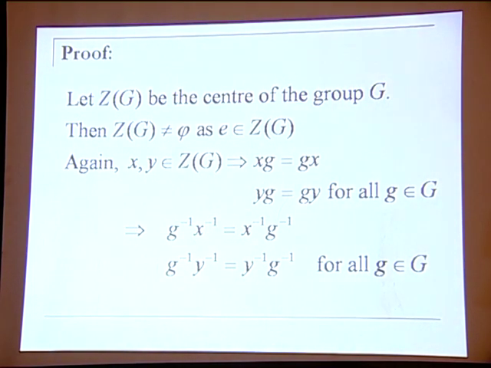Again, let x, y belong to Z(G). This implies by definition xg is equal to gx, and yg is equal to gy for all g belonging to G. This implies g inverse x inverse is equal to x inverse g inverse, and g inverse y inverse is equal to y inverse g inverse. That is by the definition of the center of a group.